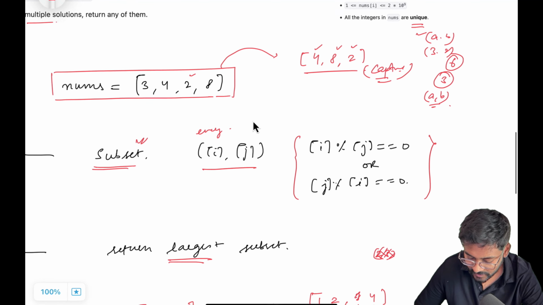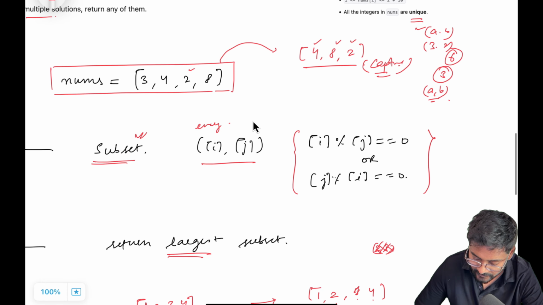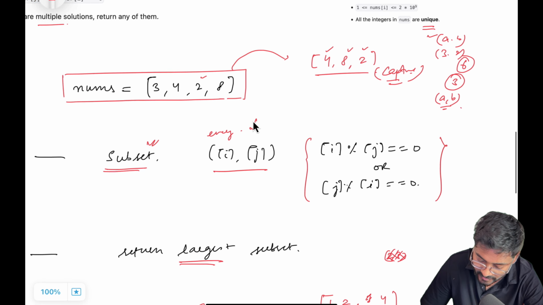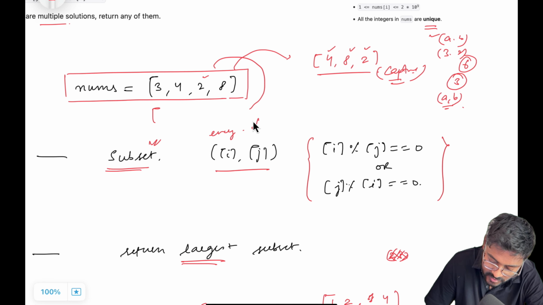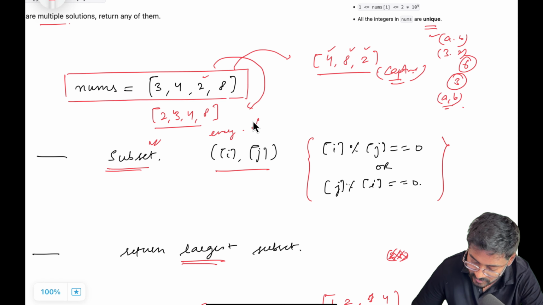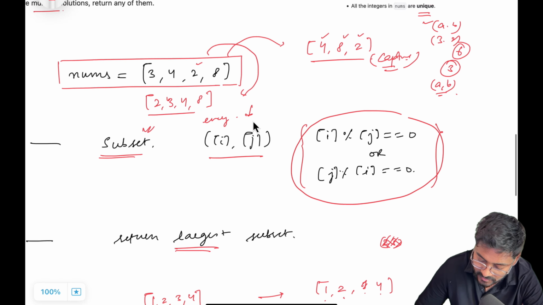So if we have to check for every pair satisfying this condition, what I can do is convert this problem statement into something like this. Firstly, I will be sorting this array: 2, 3, 4, 8. If I sort this array, the condition will become something like this.